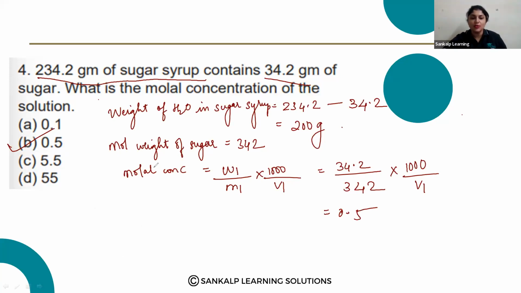The molecular weight of sugar is 342 grams per mole. Then molar concentration is W1 by M1 into 1000 divided by V1, that is 34.2 divided by 342 into 1000 divided by V1. After solving this, you get 0.5. So this is the molar concentration of the solution. Okay, next question.